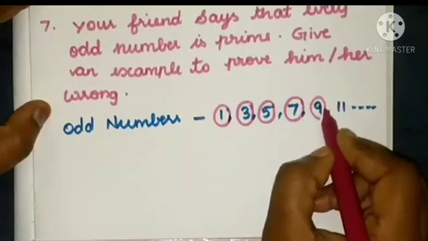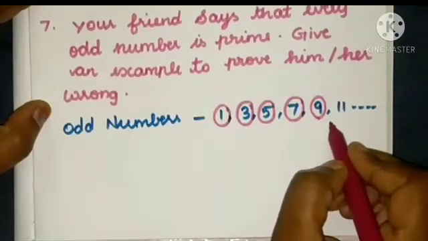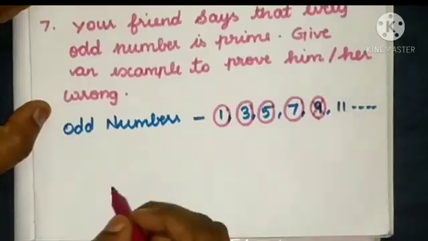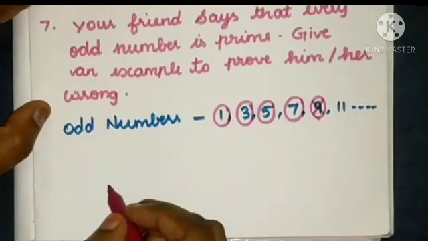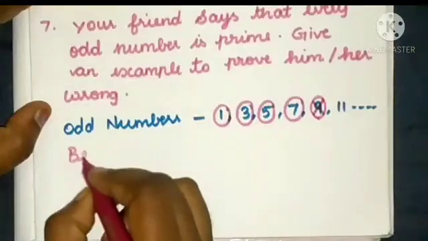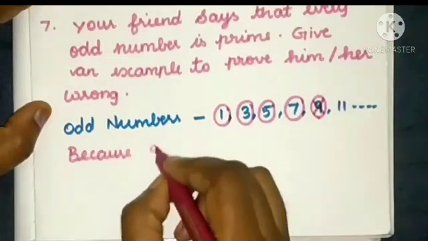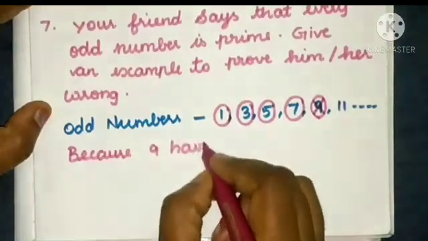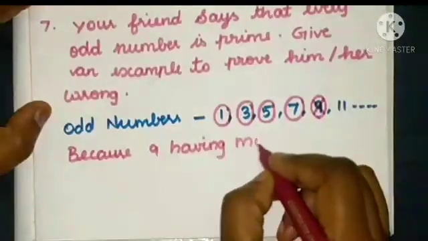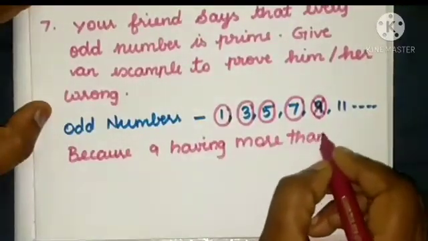9 is an odd number but not a prime number because 9 has more than two factors.